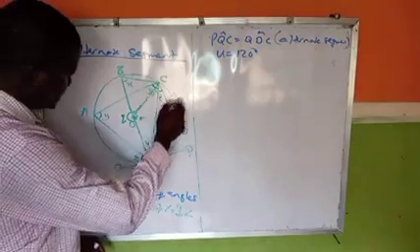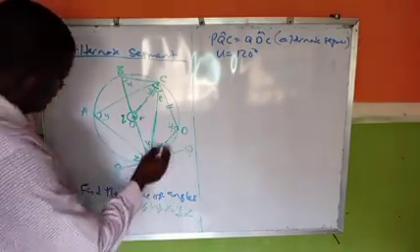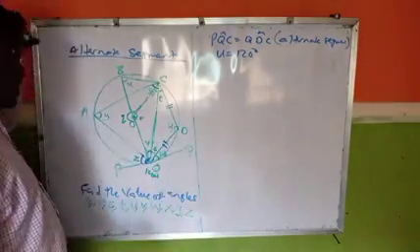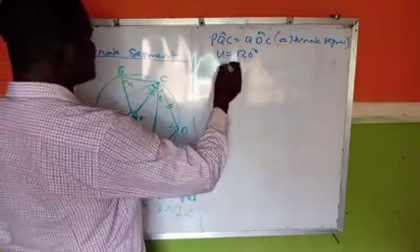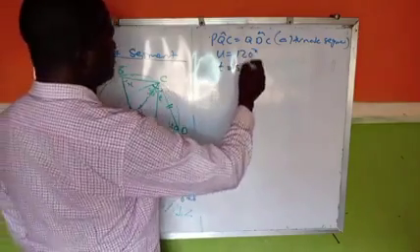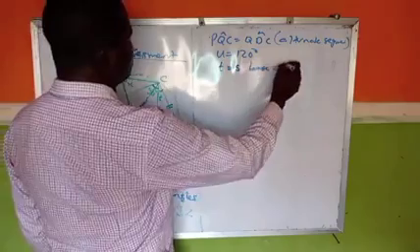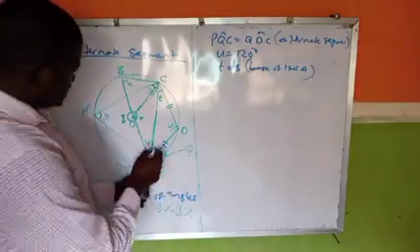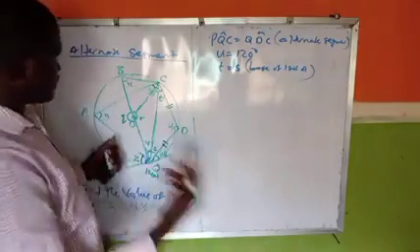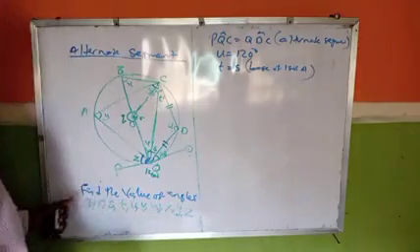Look at this, what you are seeing. This is an isosceles triangle. So what you will simply do is that T equals X. That's the base angles of the isosceles triangle. Once you know that these two are base angles of an isosceles triangle, they are equal.